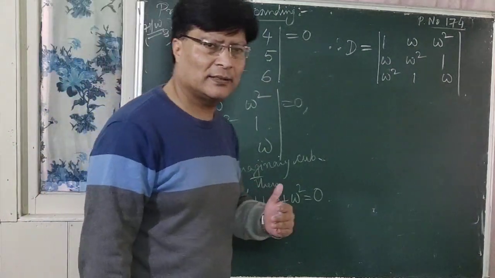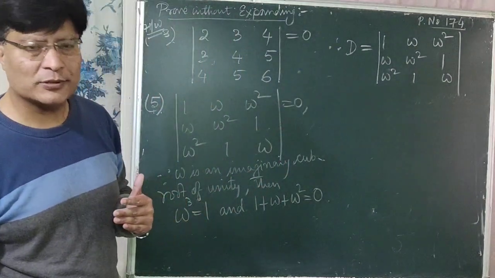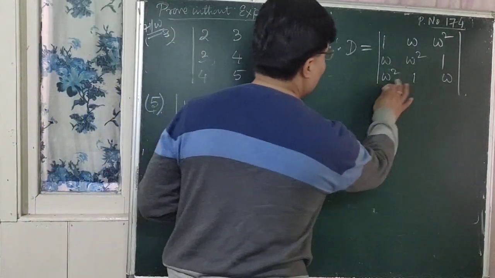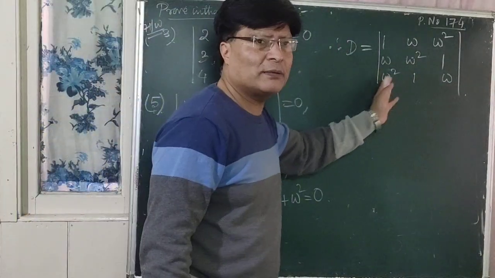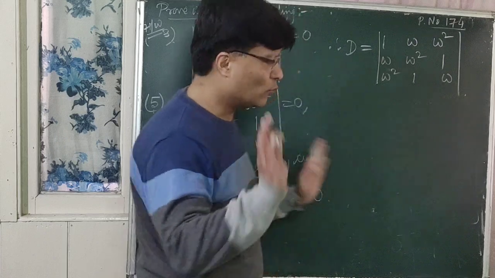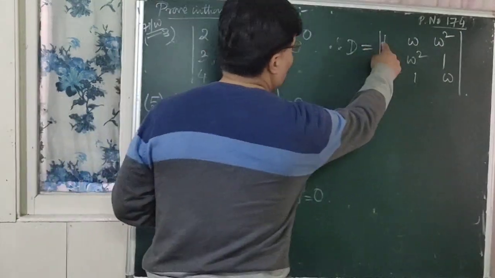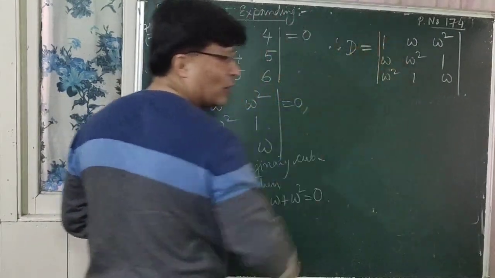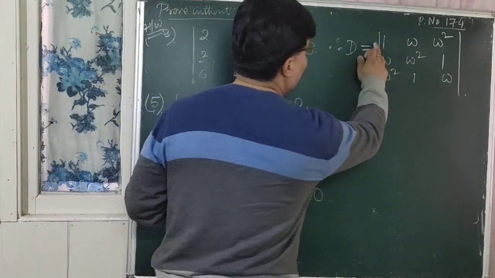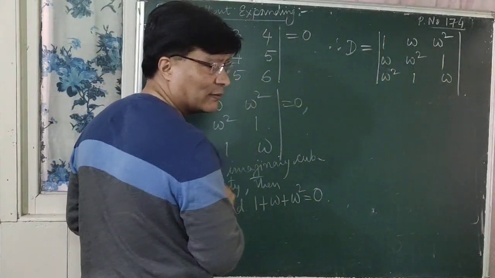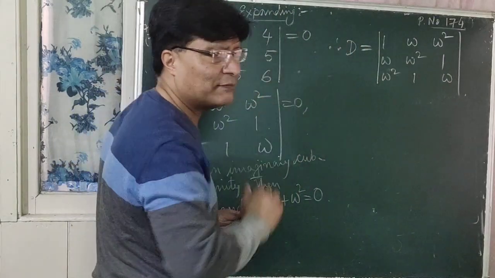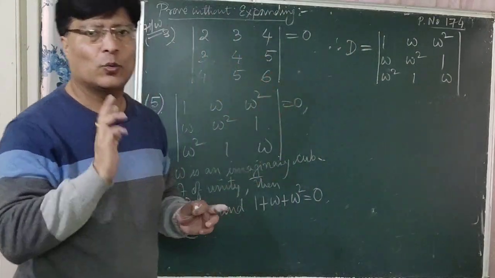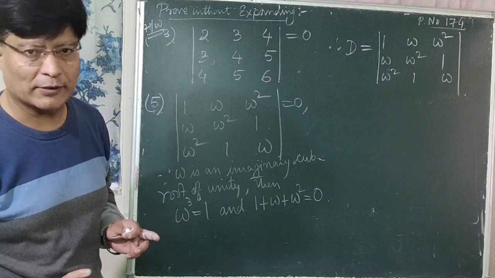Let us check what happens to the columns. If you write C1 plus C2 plus C3, column 1 is changing. How does it change? In the first element of the first column, you will have the new element 1 plus omega square, right?